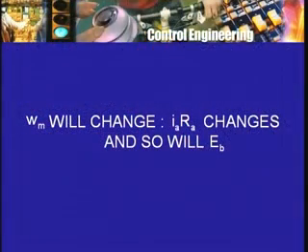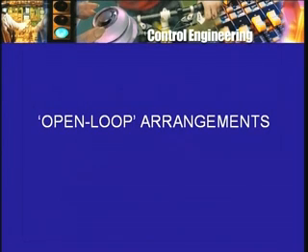Therefore, the armature current of the motor is not the same. We are assuming that the field current is kept constant. If the armature current is not the same, the armature voltage drop is not the same. The applied voltage is not being changed. If it is not being changed, then the back EMF will not be the same, and therefore the speed will not be the same. So the speed will change.